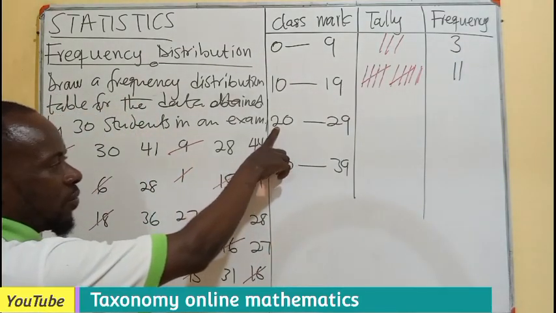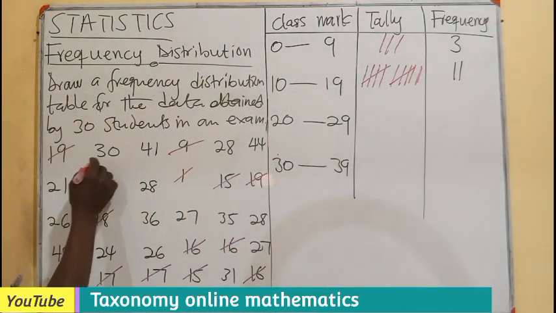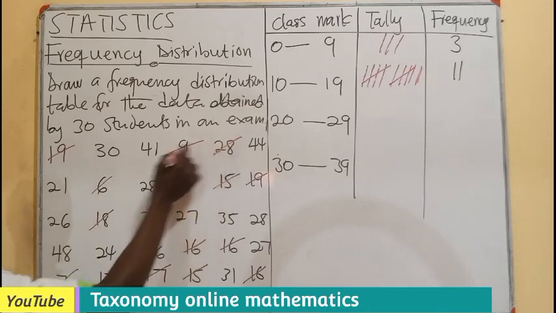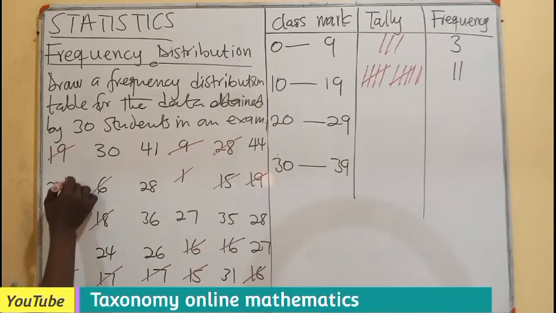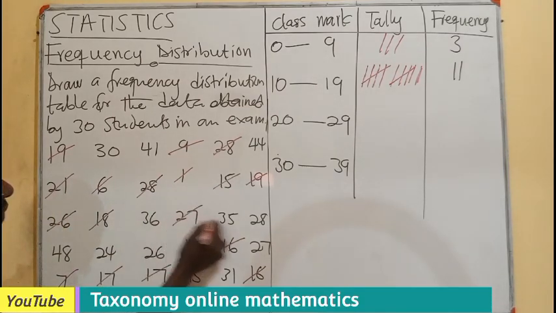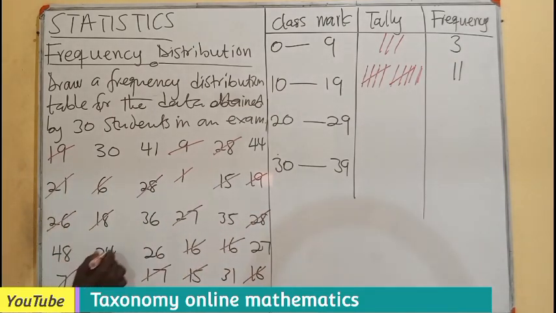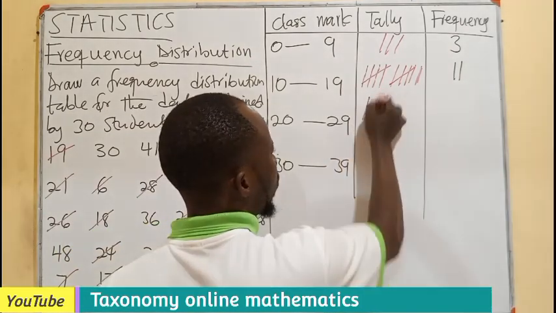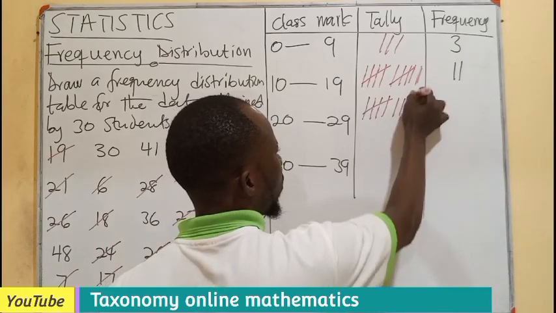I'll be counting all the way from 20 to 29, 20, 1, 2, 3, 4, 5, 6, 7, 8. So I have 8. So 1, 2, 3, 4, 5, 1, 2, 3.